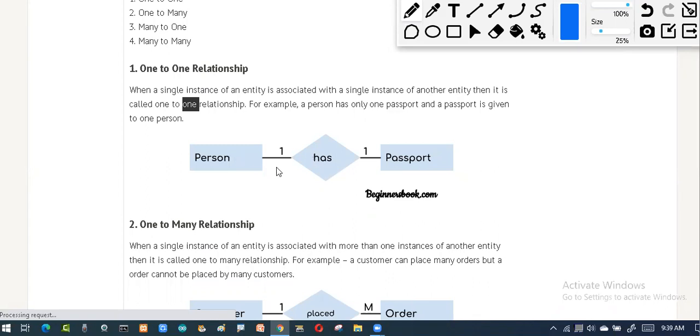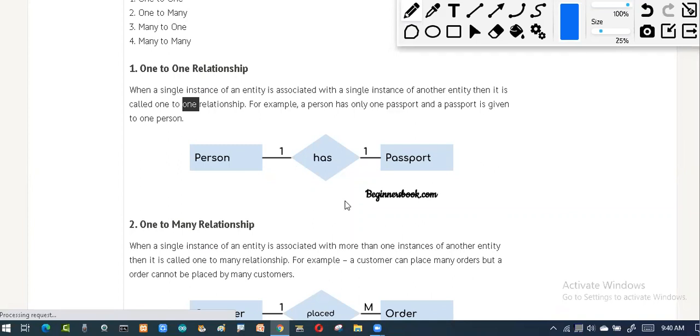One person can have only one passport. This is an example of one-to-one. How will I denote this? Here I have to write one and one. When I draw the ER diagram and represent it as one and one, that is called a one-to-one relationship.